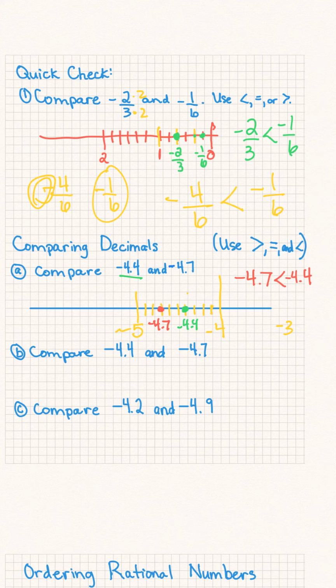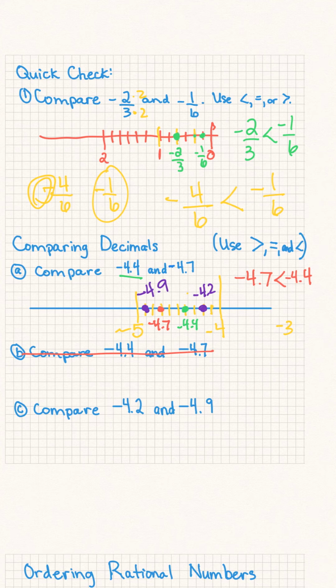Okay. I don't know what I was doing here. I made it so that we were comparing the same numbers. So we can use the same number line up here. So we have negative 4.2, and then negative 4.9.